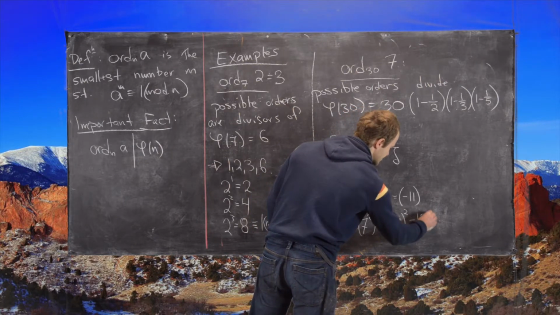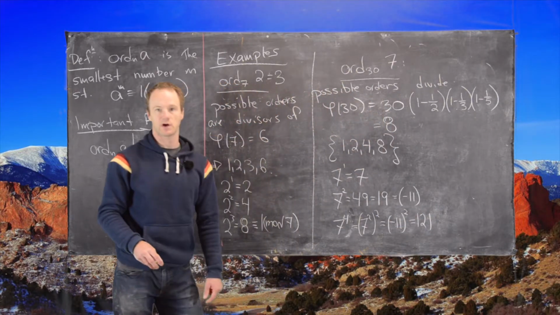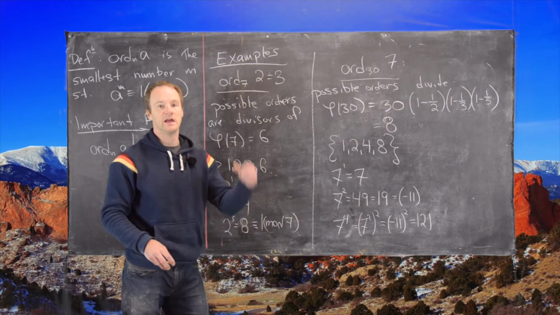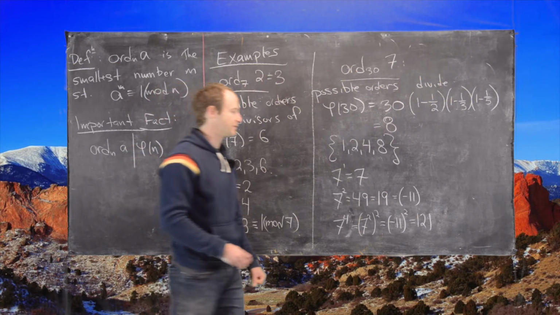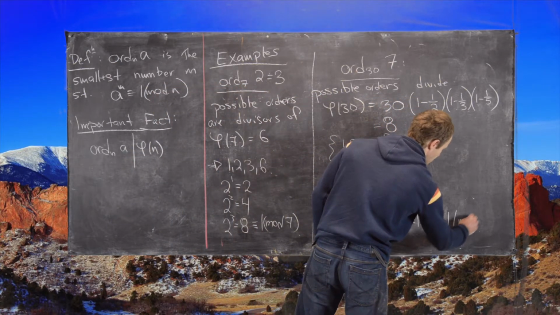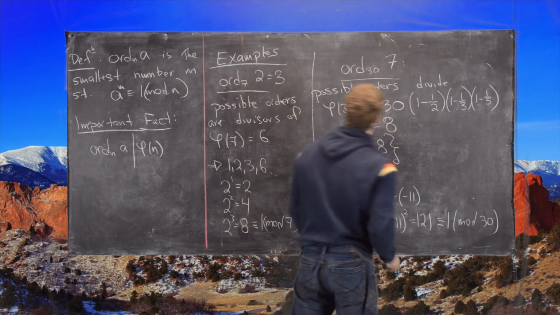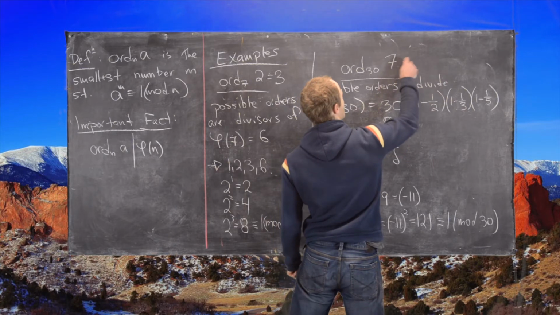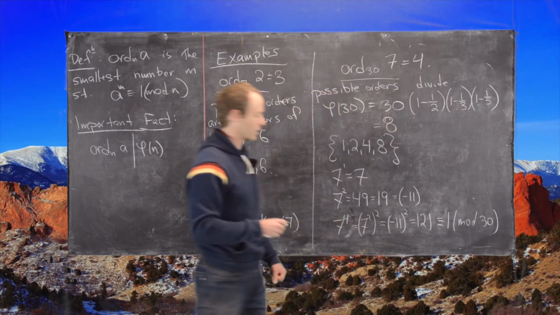Negative 11 squared is the same thing as 11 squared, which is 121. And then 121 is obviously 120 plus 1. So that is congruent to 1 mod 30. So we have calculated this: the order of 7 mod 30 is equal to 4.